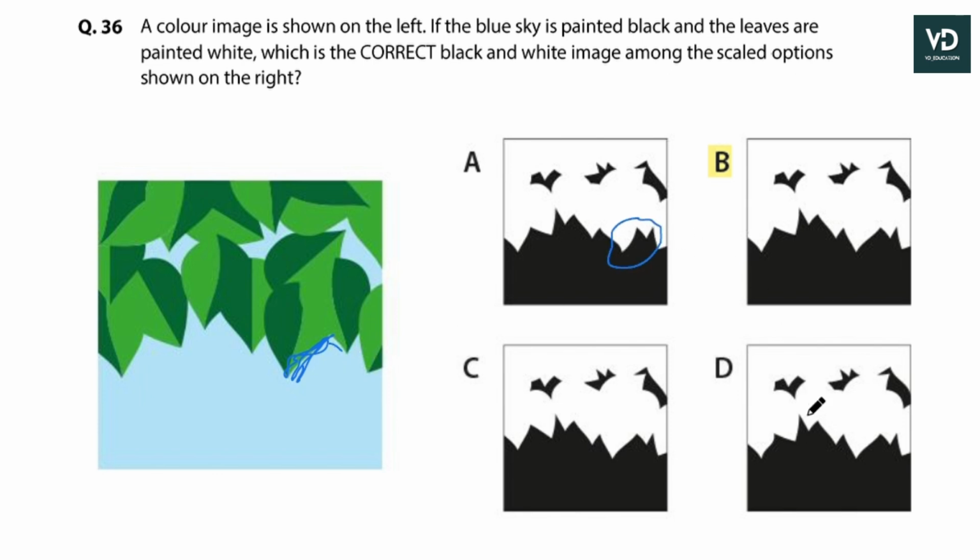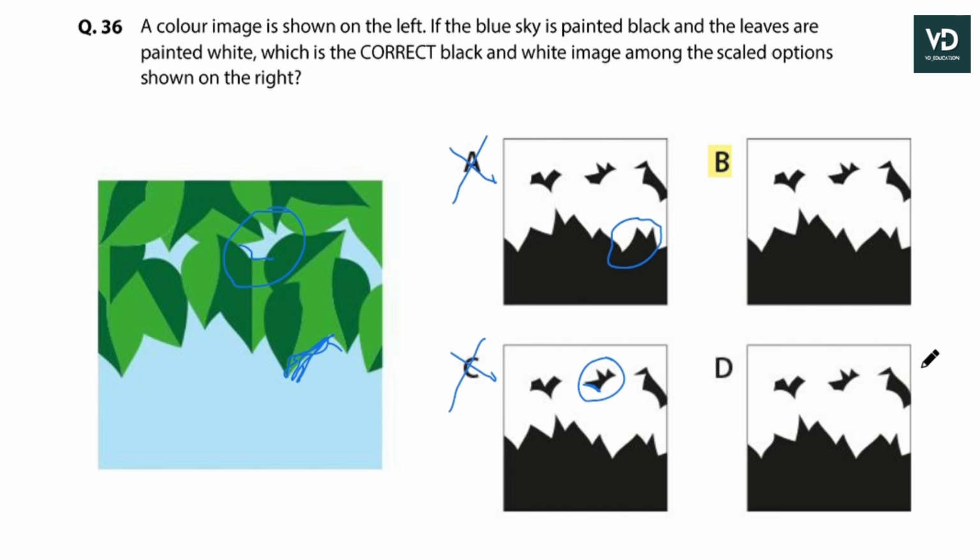So A will be incorrect, and next we can see this portion. There are two curves, but this is not two curves, there is only one edge here, so this will be incorrect. So next is between A and D.